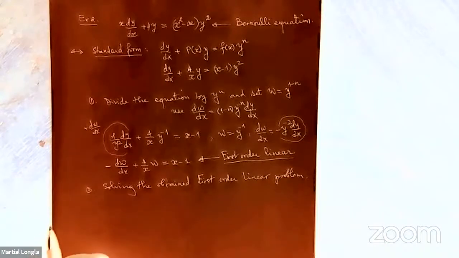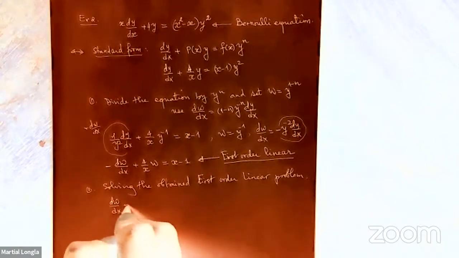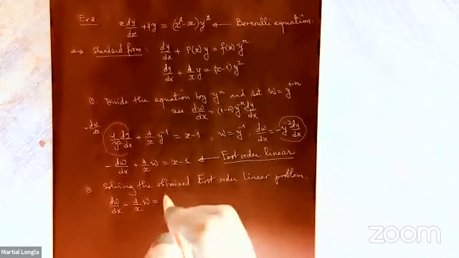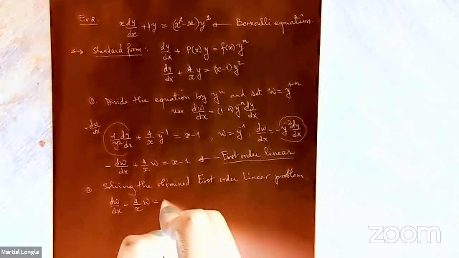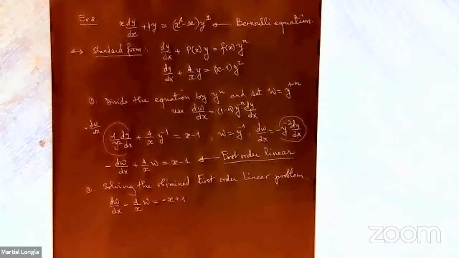So solving the obtained first order linear problem, we're going to get dw over dx minus 4 over x w equals minus x plus 1. Multiply both sides by -1.